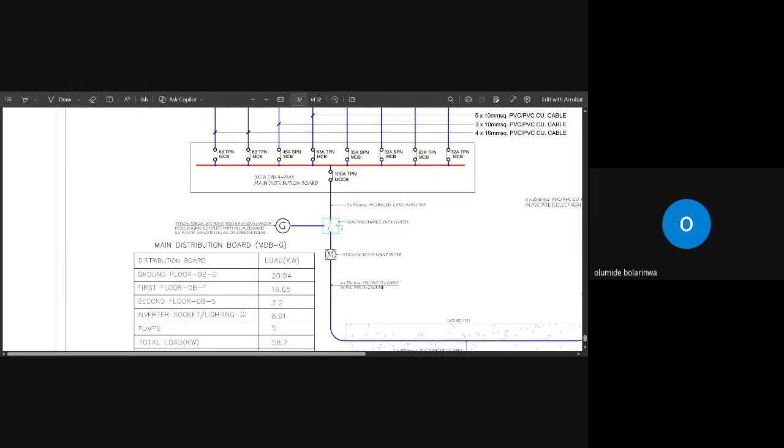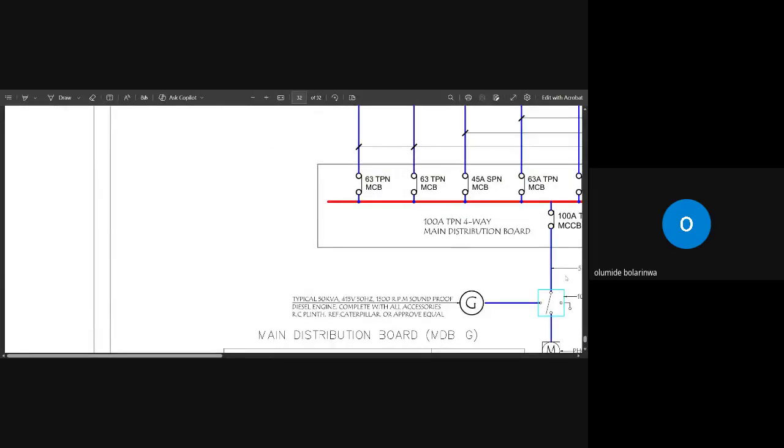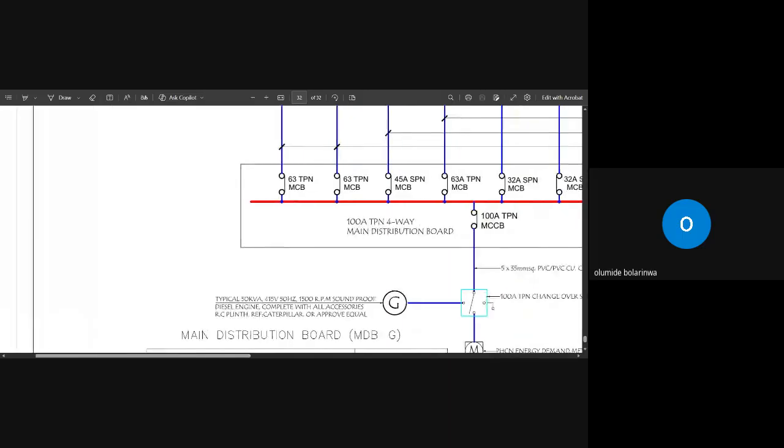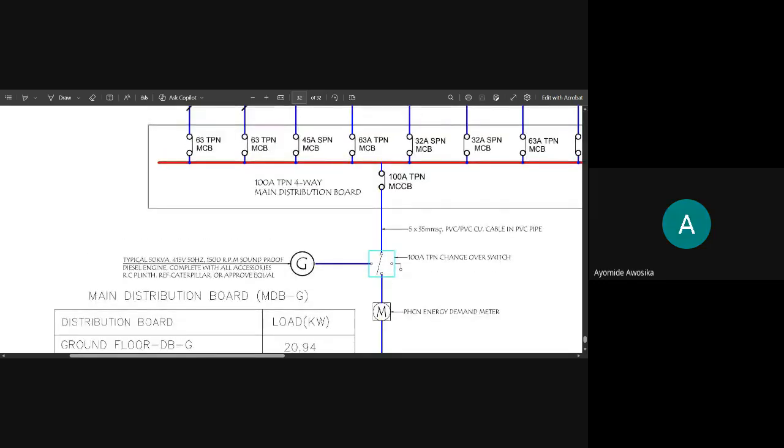Do you see it? From the changeover to the panel, what do you see? 5 by 35 square PVC by PVC copper cable.